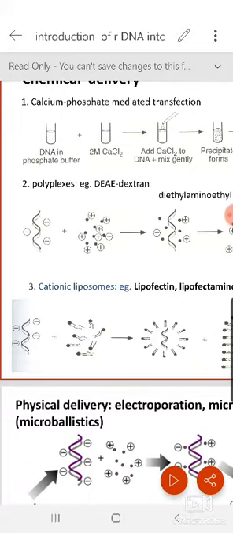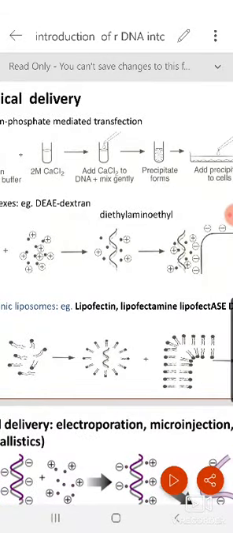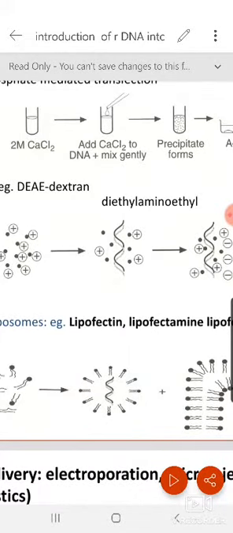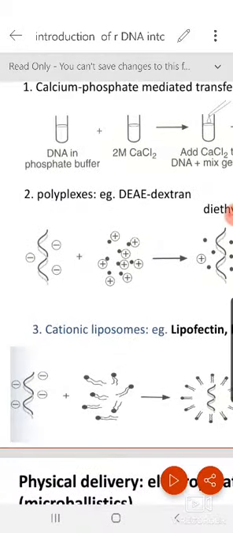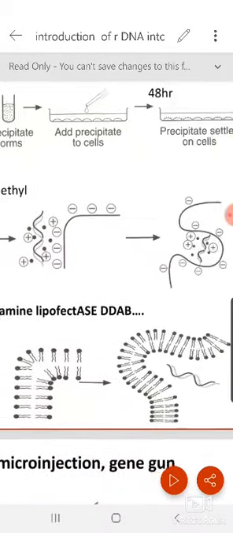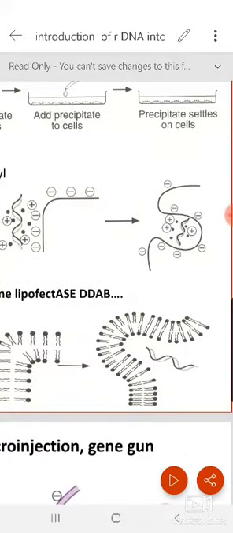So you can see the negatively charged DNA can easily bind with it, and the name is diethylaminoethyl dextran. In the presence of this kind of positively charged resin, when it is bound with our negatively charged recombinant DNA, it induces endocytosis inside the host cell, and the host will take the foreign DNA molecule inside the cell.